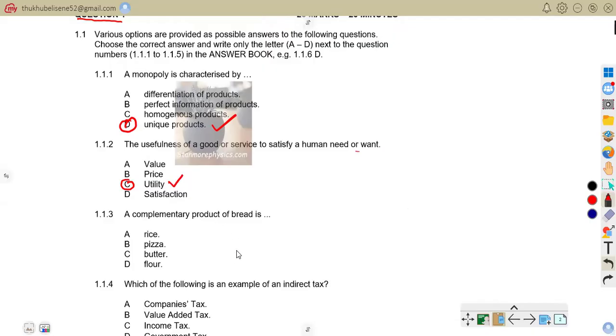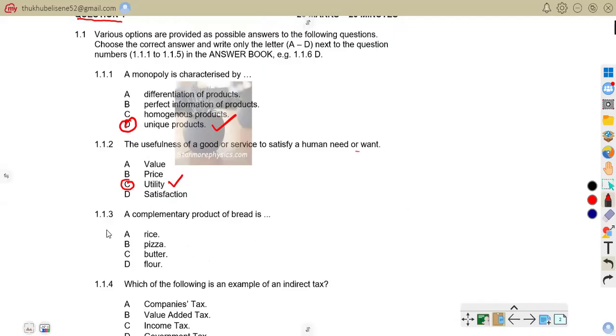Utility is the satisfaction or usefulness a consumer gets from using a product. For example, eating food gives satisfaction, hunger is satisfied. A phone provides communication and entertainment. You see, you are satisfied from that. So that is why the correct answer is C.